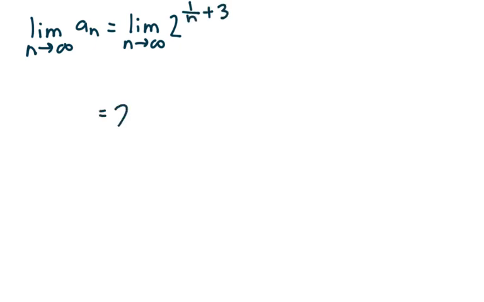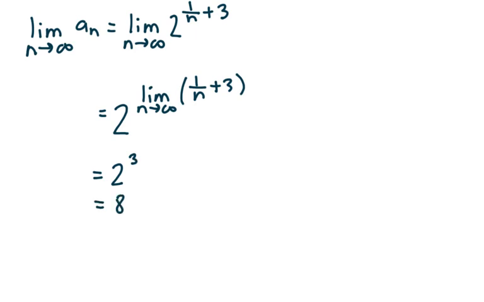But this is 2 to the limit as n goes to infinity of 1 over n plus 3, which is 2 cubed, which is equal to 8. And so, therefore, this sequence a sub n must converge to 8. And that's how we do problem 50.